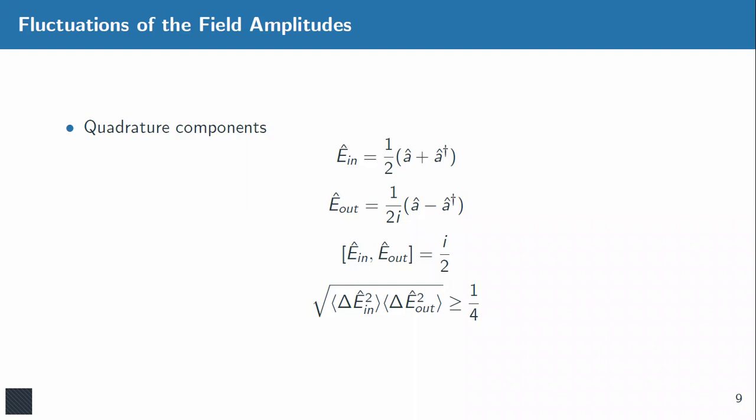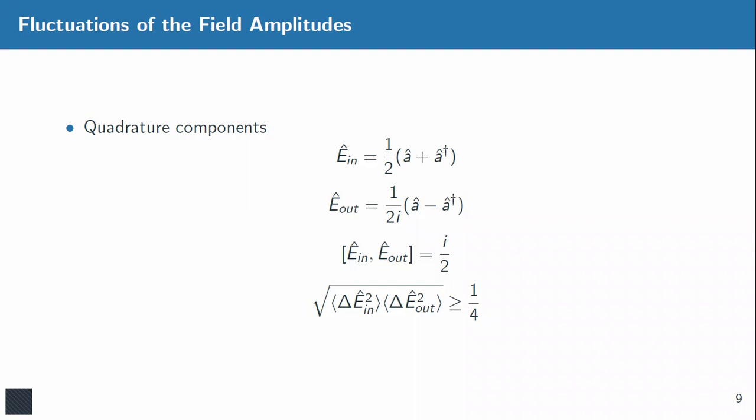In-phase and out-of-phase operators are also called quadrature components, and they are well studied in continuous variable quantum optics and continuous variable quantum information theory. We could realize them as the phase and amplitude of the given field operator.